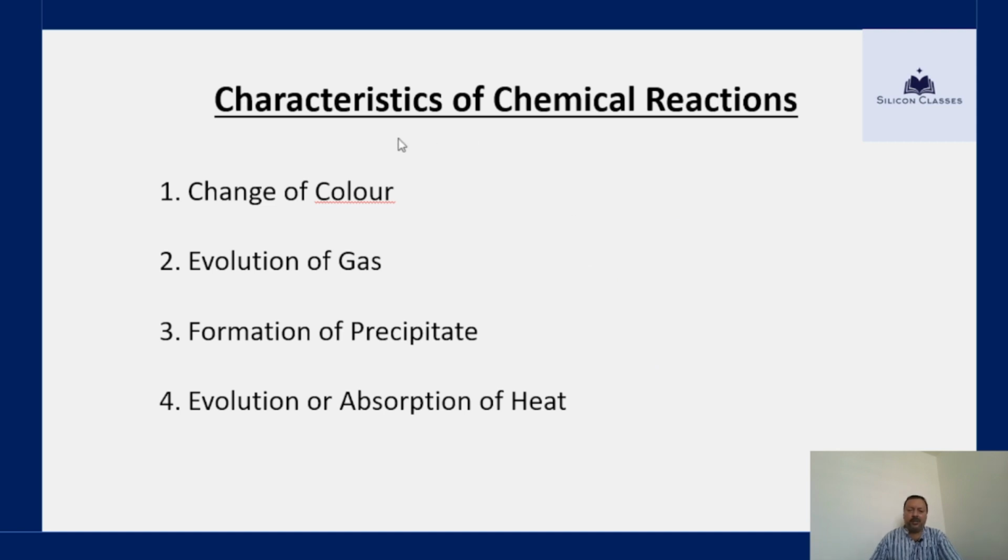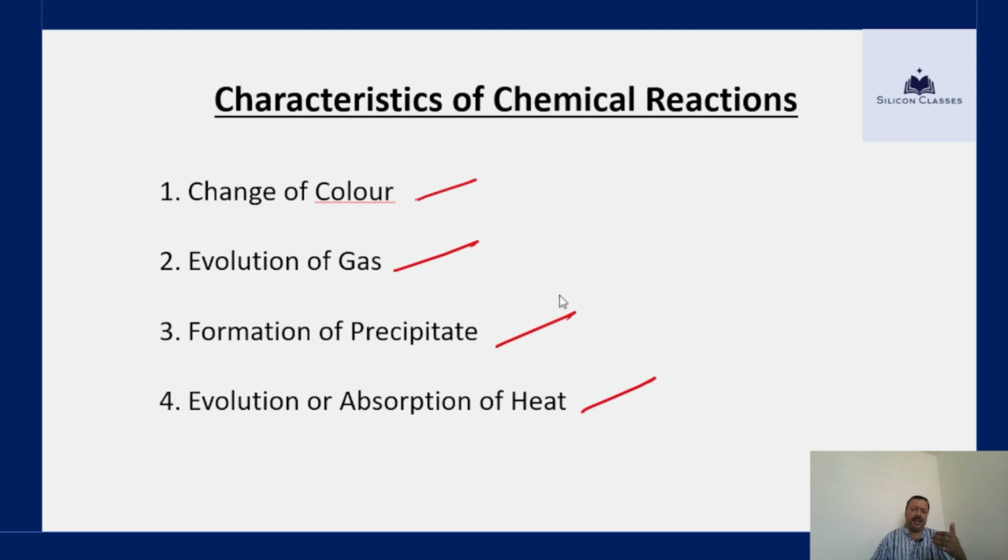these are the characteristics of chemical reaction. If a chemical reaction happens, there may be a change of color. Number two, evolution of gas. Precipitate may be formed. Evolution or absorption of heat during a chemical reaction.